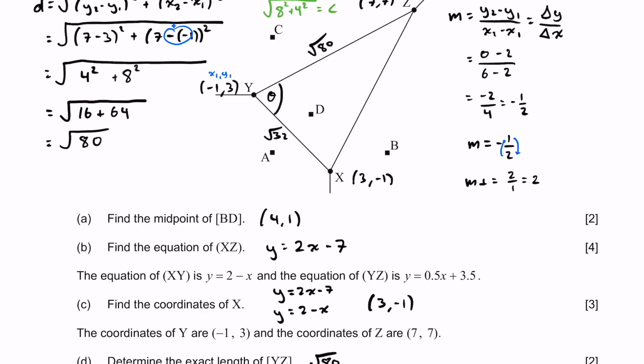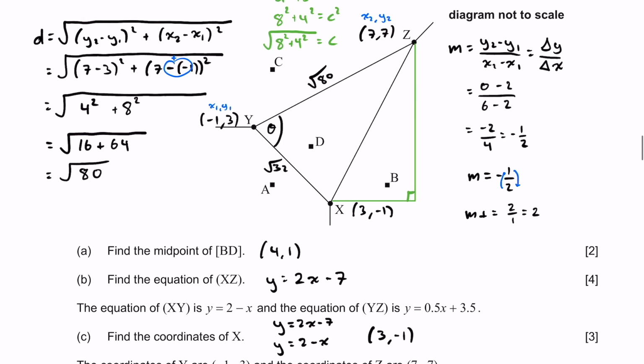Let's use this Pythagorean method and just create a right angle triangle. In terms of x, we're at 3 and we go to 7. That means we travel a distance of 4. We're at -1 and we go up to 7.